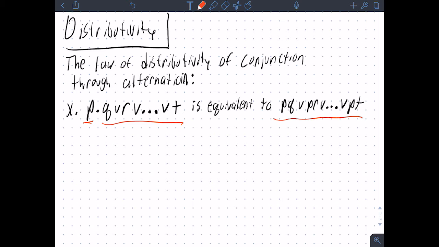A simple example of this would be if we have the conjunction of P and Q and the alternation R or S. That's equivalent to PQR or PQS. Study that. Again, this gives me a headache if I have to do anything much more complicated than that. Yeah, so that's how that works.